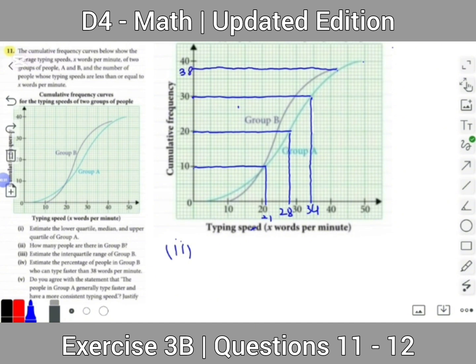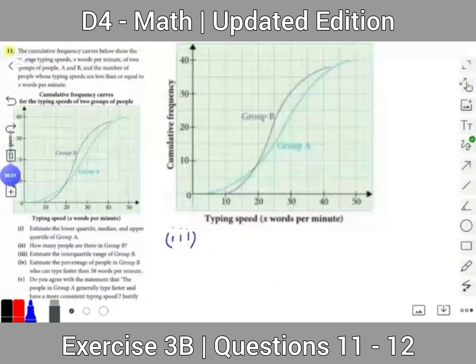So the number of people in group B is equal to 38.